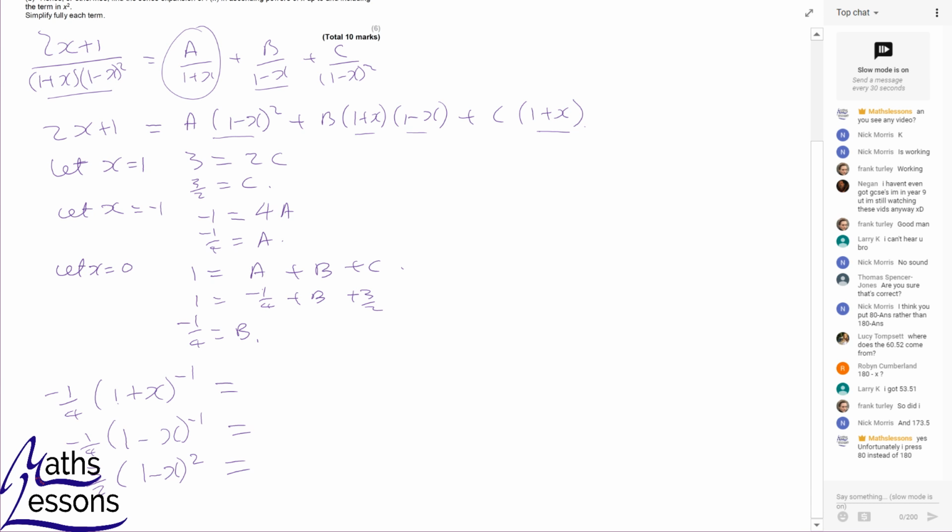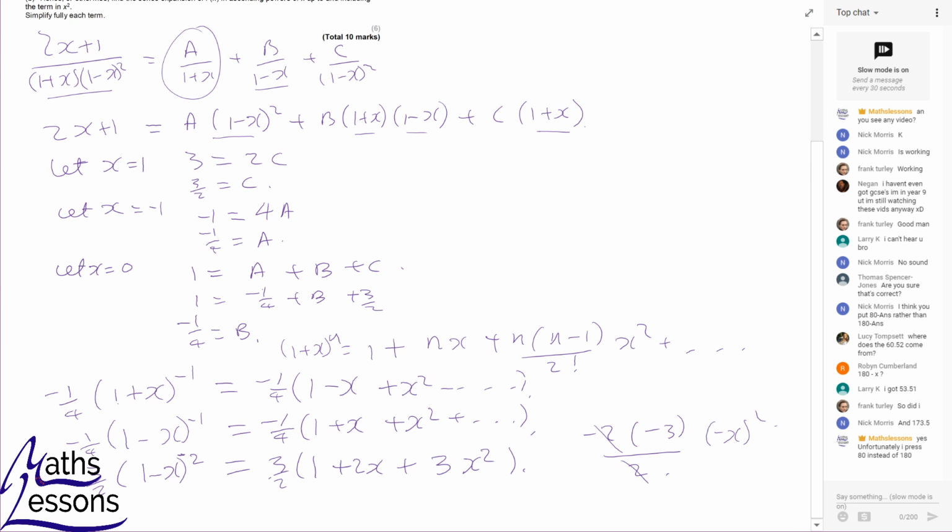Just want to write that out again because it's not the same as what I got before. So I just want to make sure I've done that correctly. I had minus 2 times by minus 3 over 2 times by minus x all squared. So that cancels out with that to leave me just minus times minus gives me a plus. Yes, that looks good. So all I've got to do now is add up all these terms.